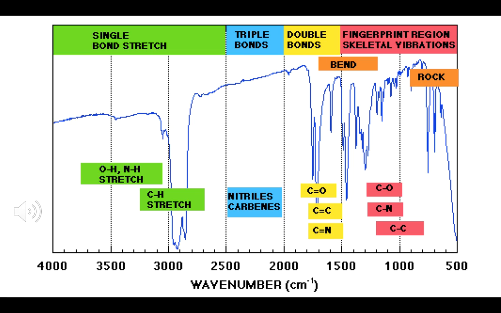So for something in IR spec that's around 1650, it's usually medium and sharp. We call that the carbon double bond peak. And for something that's like the carbonyl, it's a wave number around 1700.